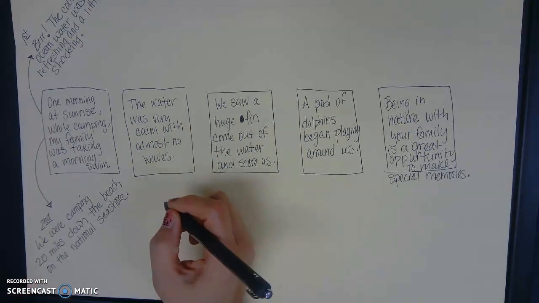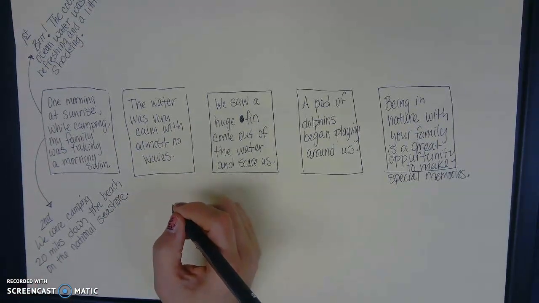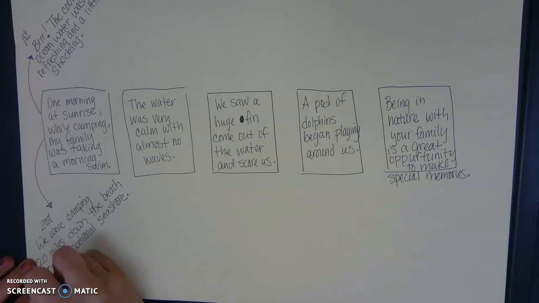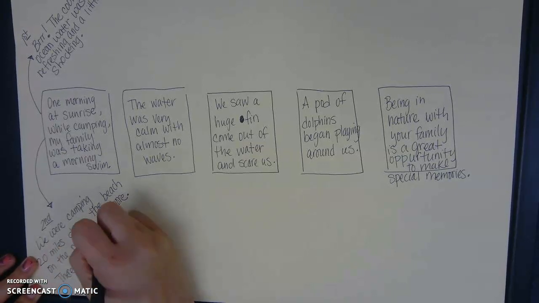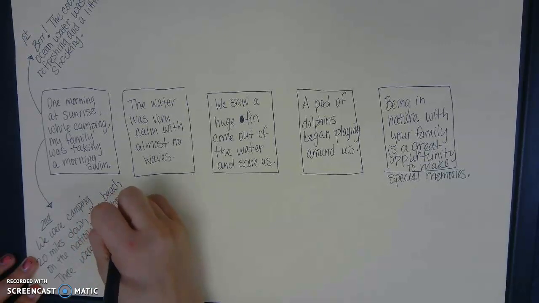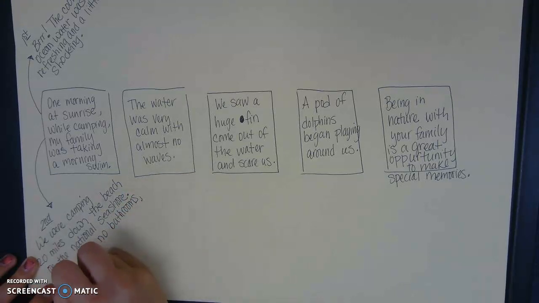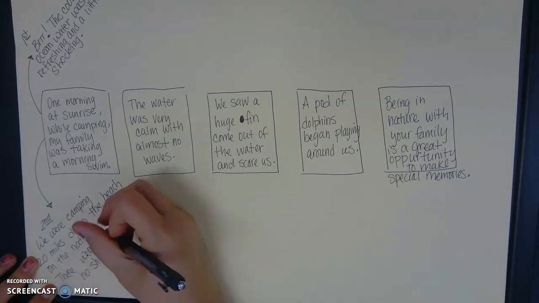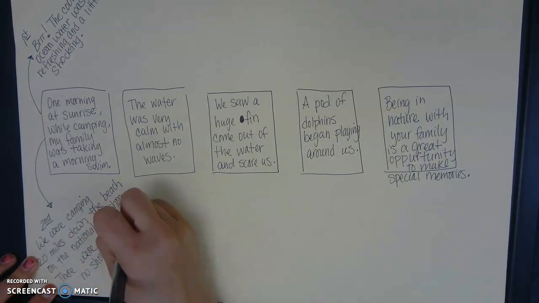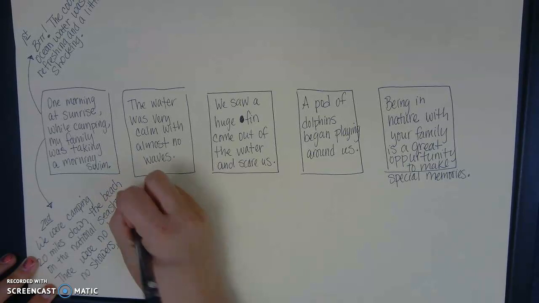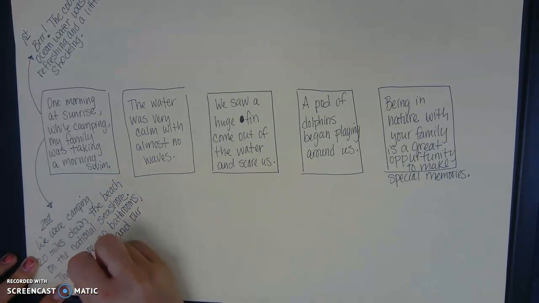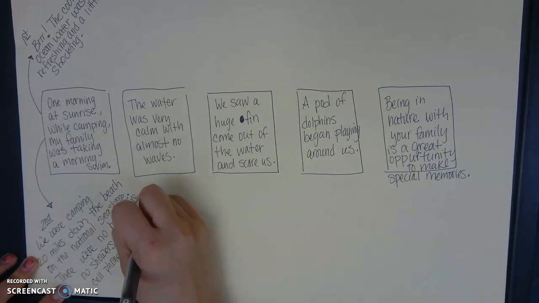And now I'm going to set the tone a little bit more and give them a little bit more information. This kind of gives you an idea of where we were. There were no bathrooms, no showers, and our cell phones did not work.